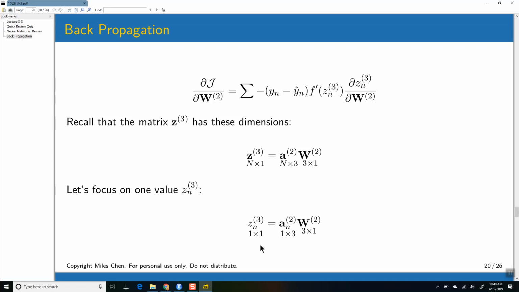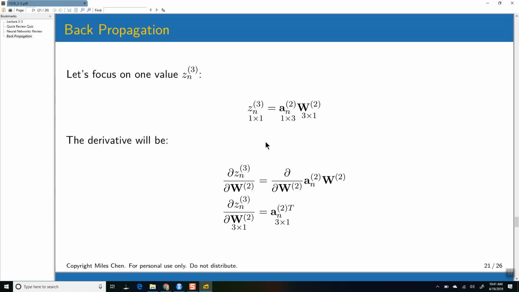And so if we focus on just one value, Z sub n, which is a scalar value, 1 by 1, that's going to be the nth row of our A matrix multiplied by our weight matrix W, okay? So this is going to be 1 by 3 multiplied by 3 by 1, okay? So this is what we have.